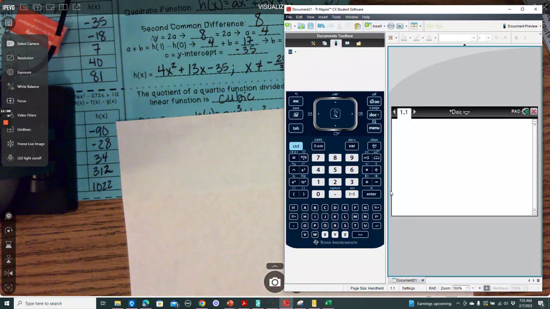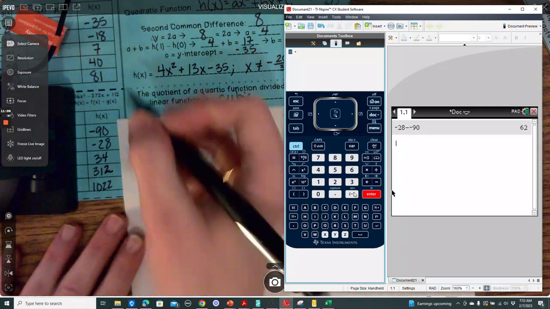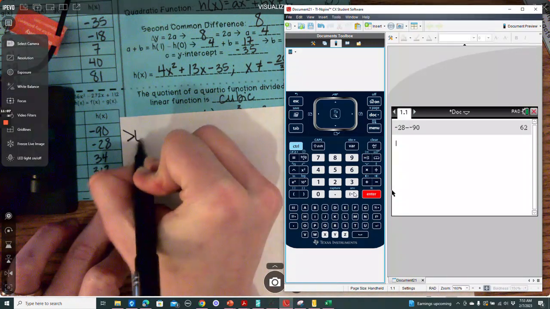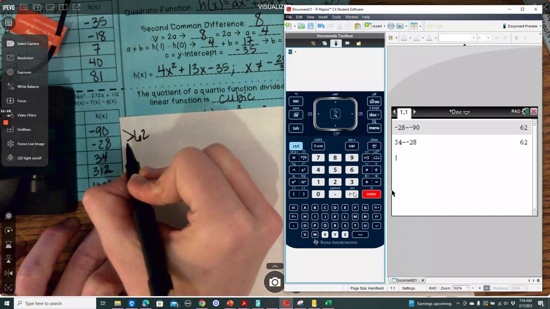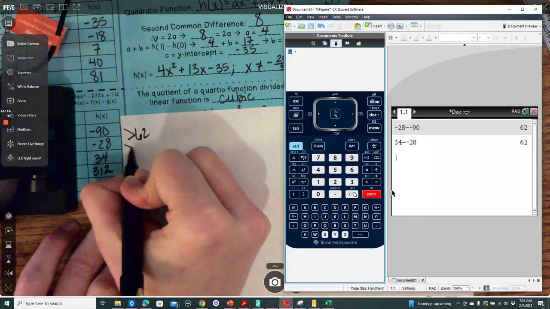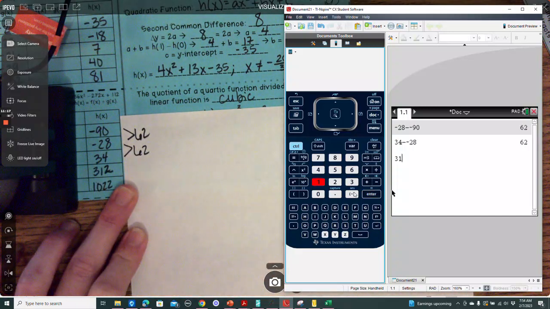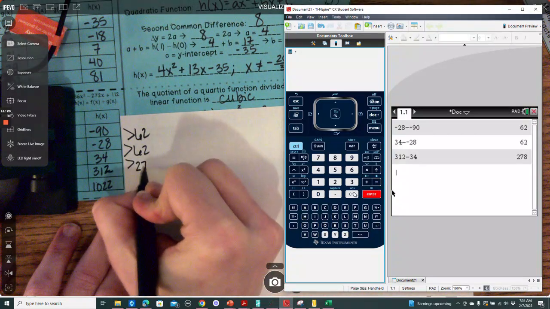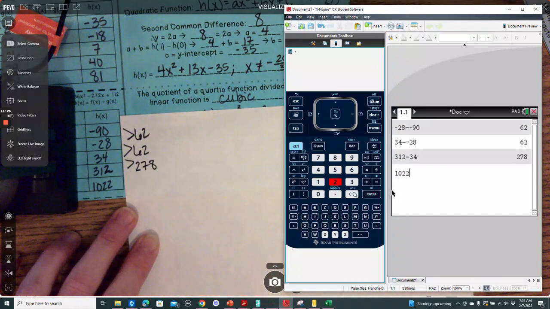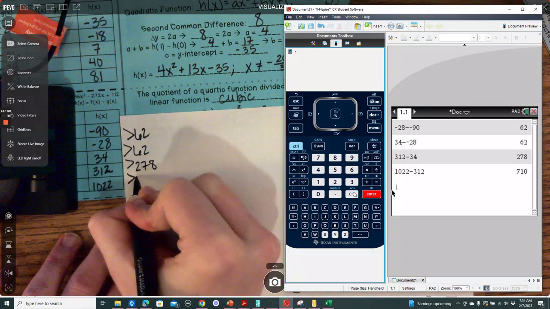Okay, so if we do -28 minus a -90, we get 62. 34 minus a -28 gives us a 62 as well. 312 minus 34 gives me 278. And then 1022 minus 312 gives me a 710.